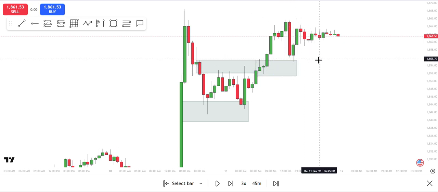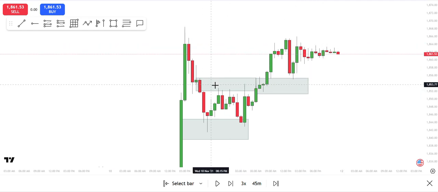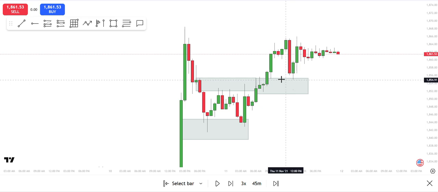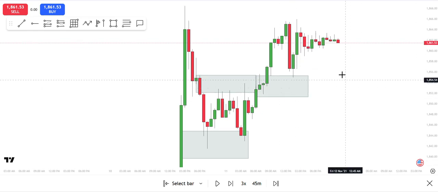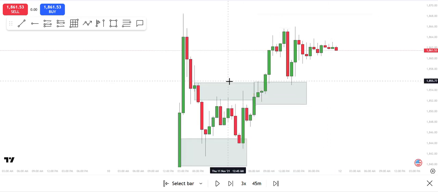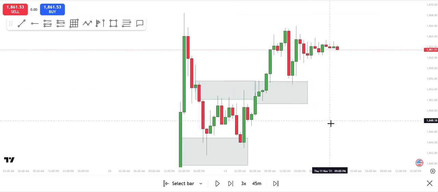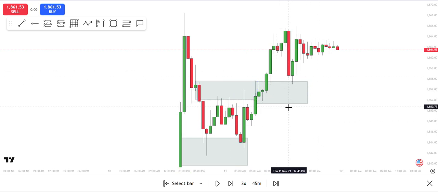And then we see that price came into that zone, because this same zone that was supply before now became an area of demand for price to tap into.